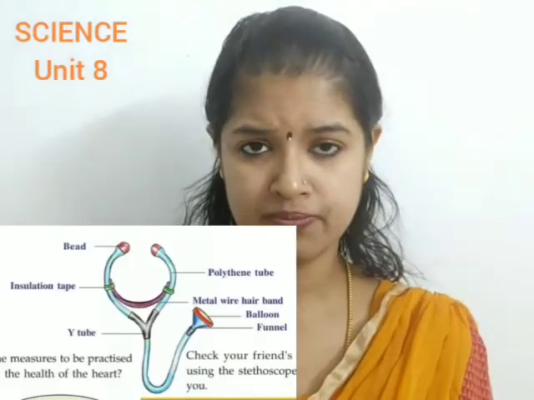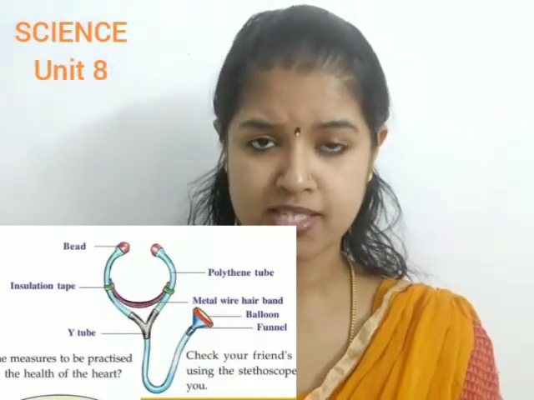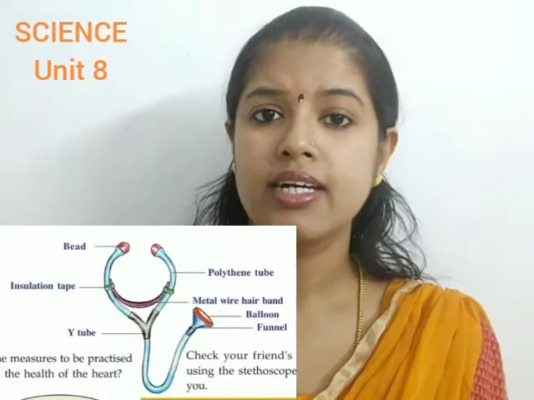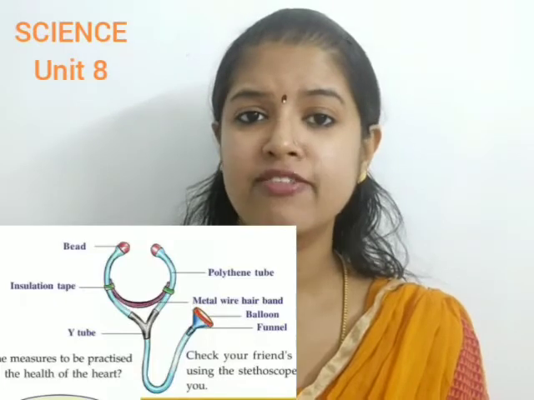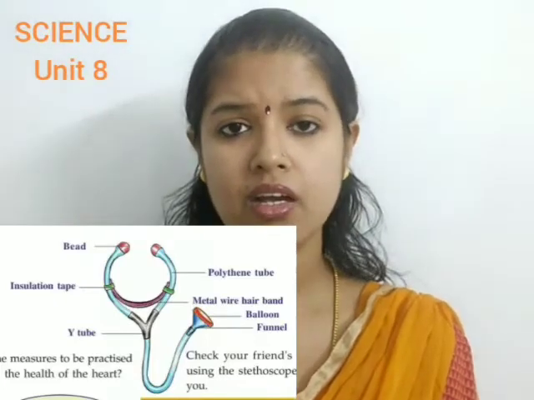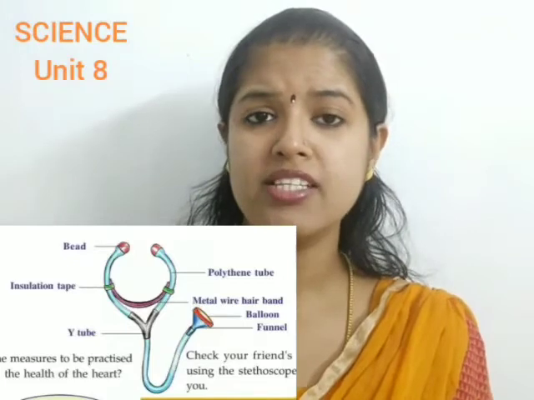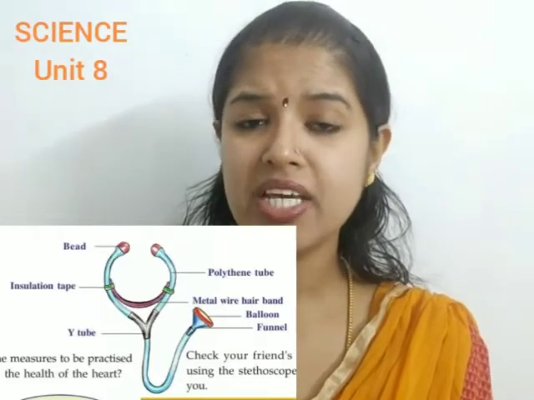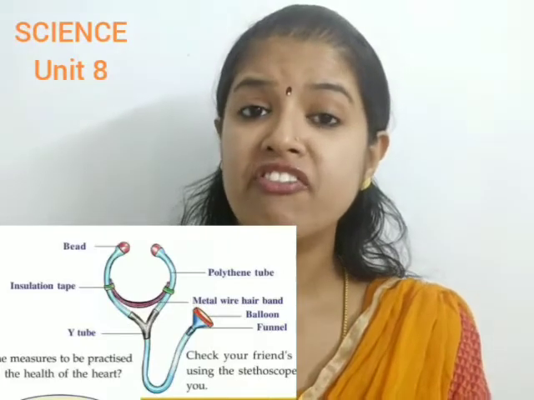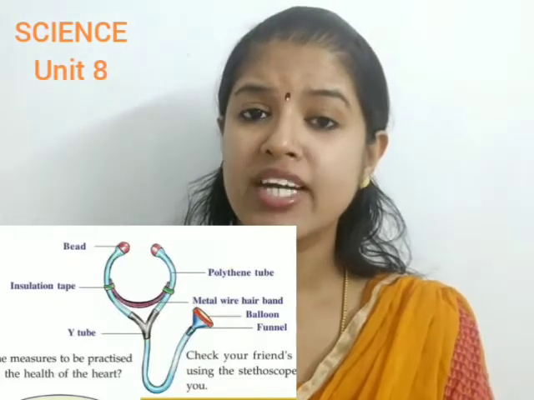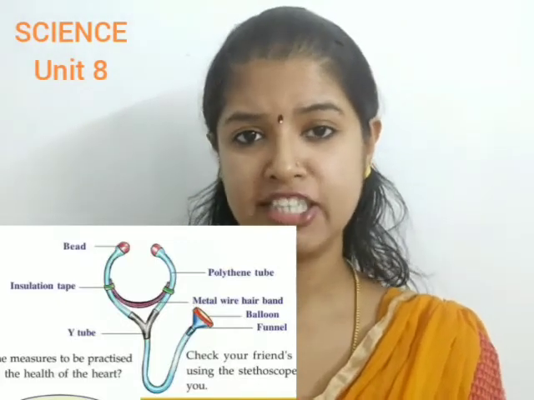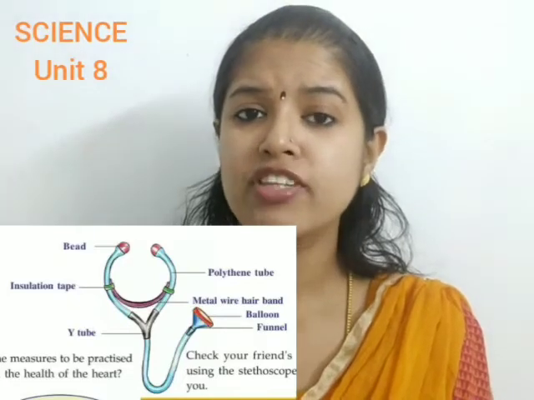So to make this stethoscope, you have to take a Y-shaped tube, polythene tubes, a balloon, a sellotape, and a funnel. So this much is needed for making a stethoscope. You attach 2 pieces of polythene tubes to the V arms of the Y tube, and to the tail you attach another polythene tube.